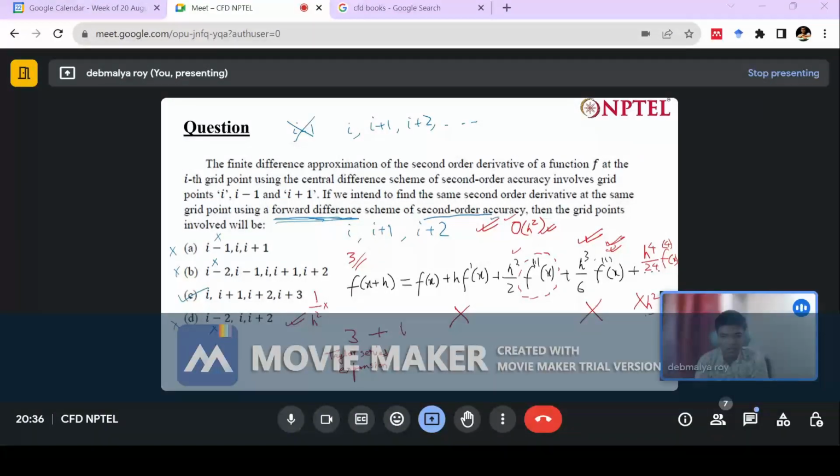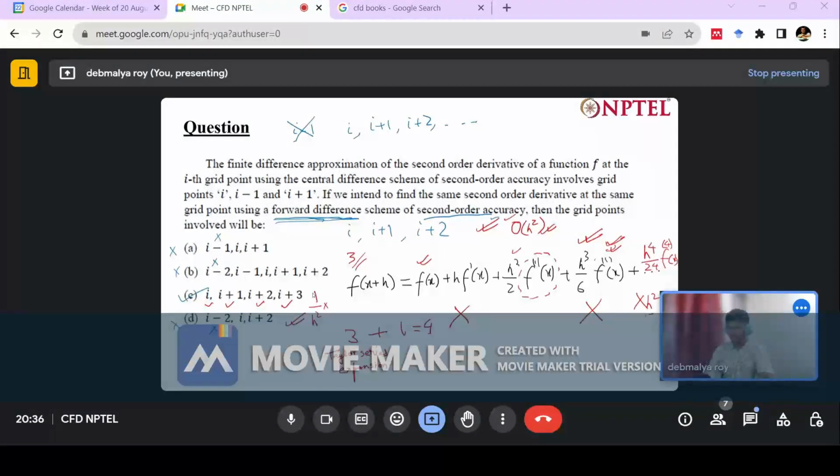This is the focal point, the point that we are calculating. So 3 plus 1, total 4 points should be there. So that's why you see here 4 points are there. So these 4 points are basically essential to find out the second order derivative in second order accuracy using forward difference.